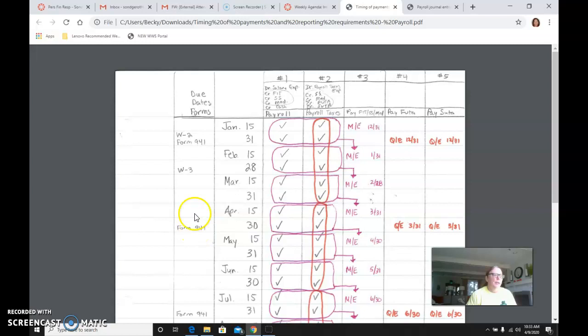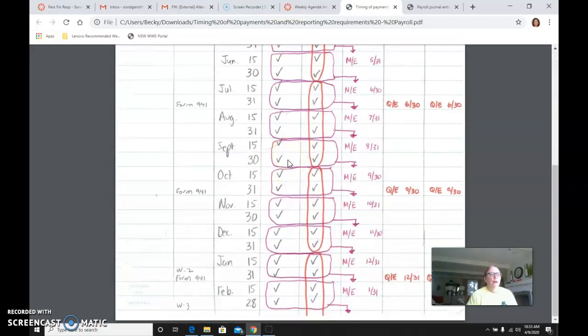And again, Form 941 is due the month after the end of the quarter. So the quarter ends March 31st, it's due April 30th. Quarter ends June 30th, due July 31st. And this is the December 31st ending one, so the month after that.